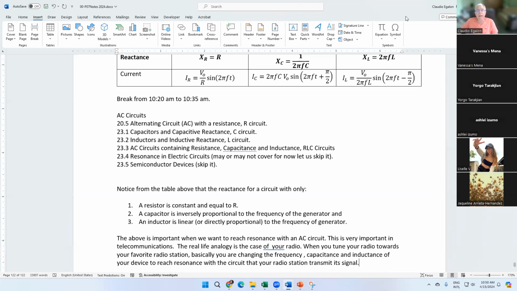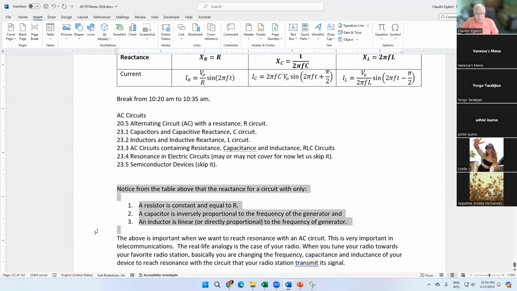That's the importance of this chapter, 23.3. So the moment that you turn the knob of your radio, what you're doing is reaching resonance with your favorite radio station, and also TV stations as well. That's the importance of this relationship that you see.